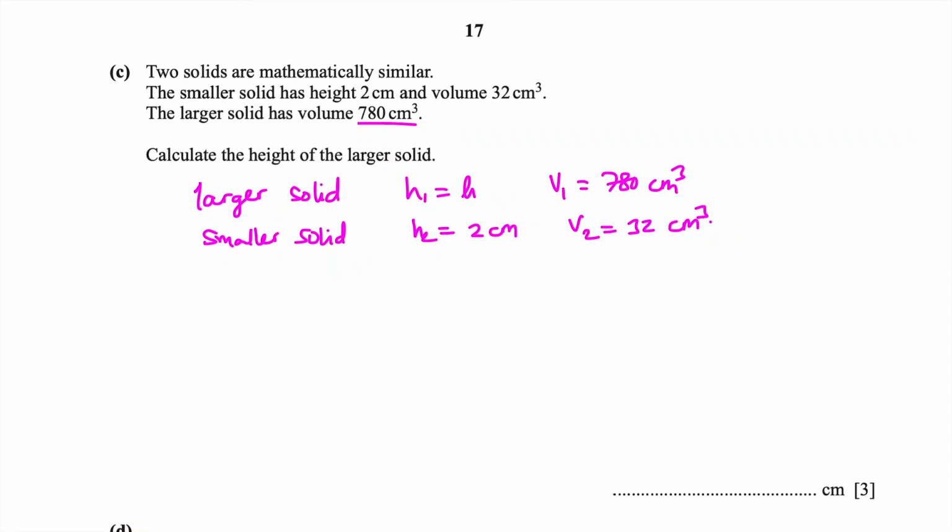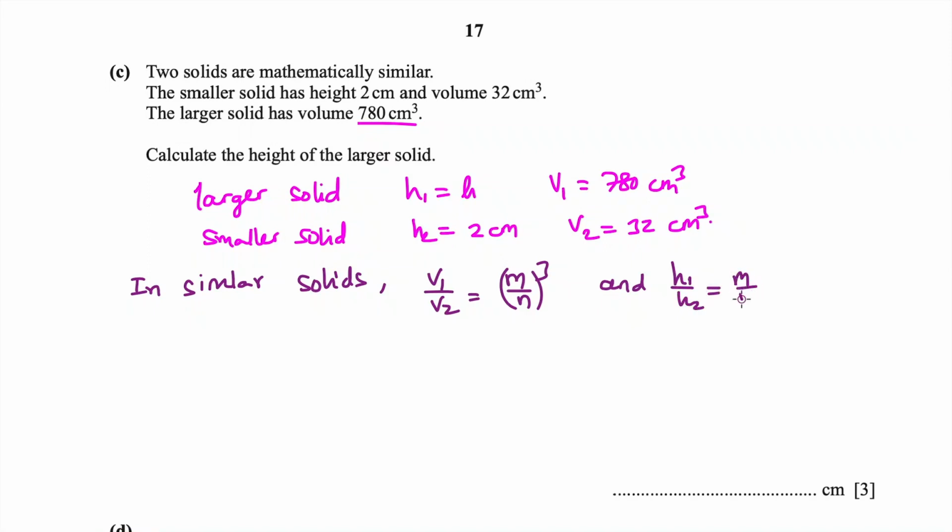Now what do we know? In math, similar solids, what is the rule? v1 by v2 is equal to m by n whole cube and h1 by h2 is equal to m by n. So therefore v1 by v2 is equal to h1 by h2 whole cube.